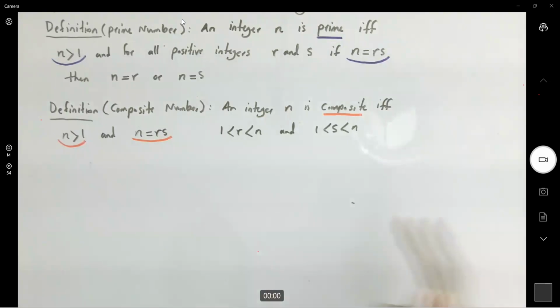How do we apply these definitions? Take a look at the following example here.